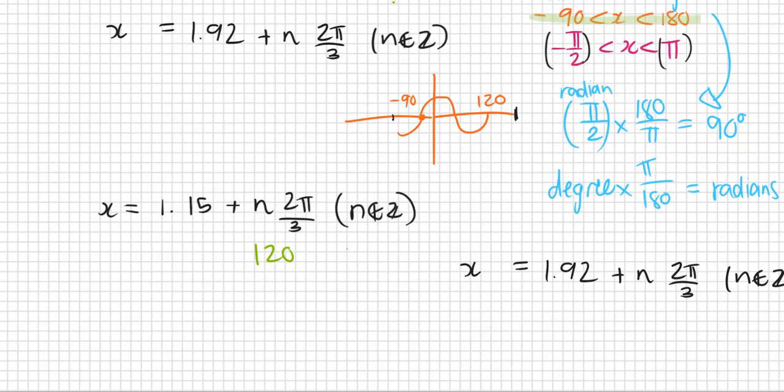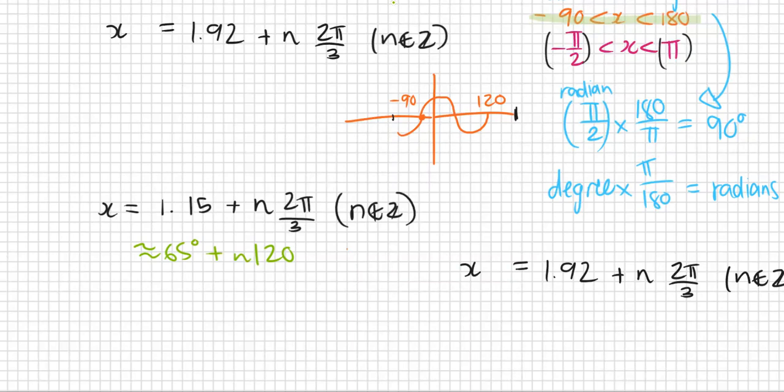It's repeating every 120. And 1.15 times 180 over pi is about 65 degrees. Okay, it's 65.89 is the actual answer, but just to give an idea of where we are. And this one we can also do 1.15.